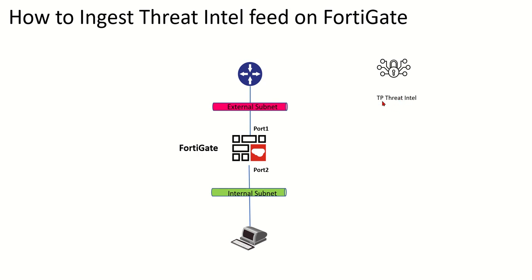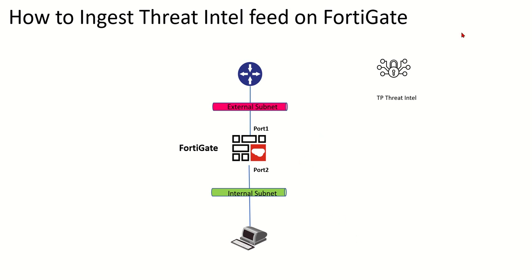Maybe you have a SOC environment, or from your internal resources you are getting logs and doing the correlation, and you put all of that threat intel onto the platform. The idea is I'm going to show you how you can ingest those threat intel feeds onto the FortiGate.